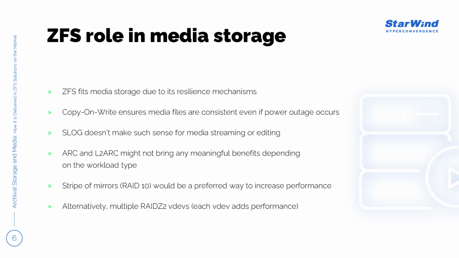For example, if we need more IOPS in the case of high resolution video editing with multiple editors, it would be best to make a zpool not of a single large VDEV, but of a set of multiple mirrored VDEVs, or alternatively a set of RAIDZ1 or RAIDZ2 VDEVs, since performance in ZFS is added with each new VDEV in the zpool.